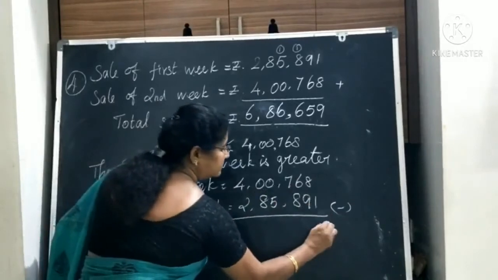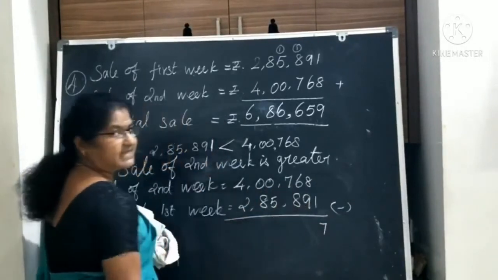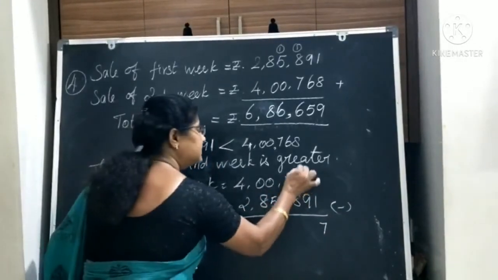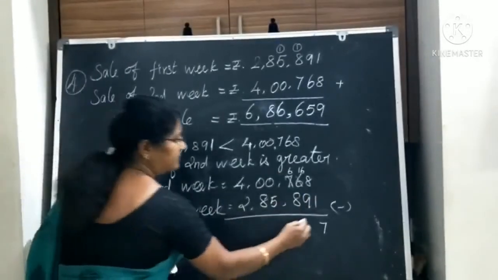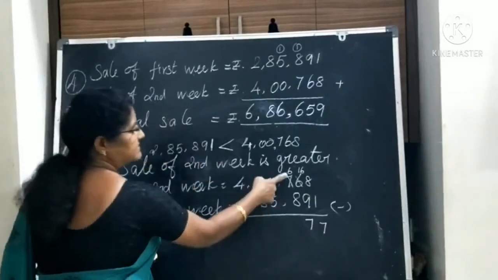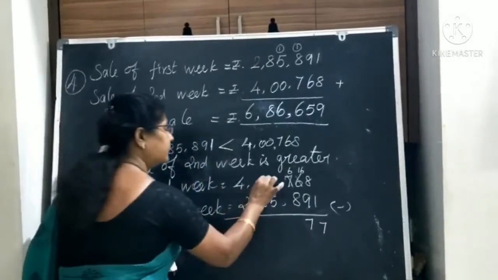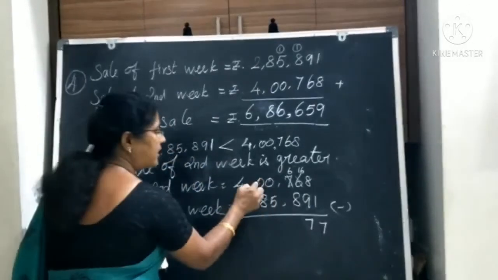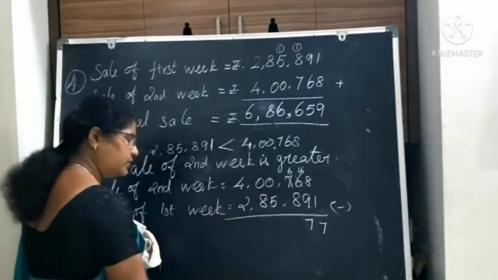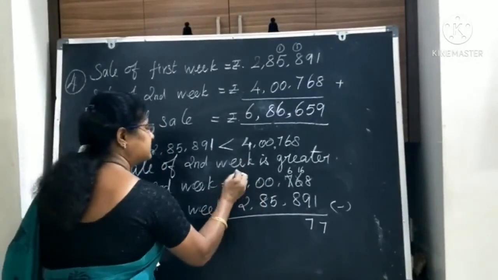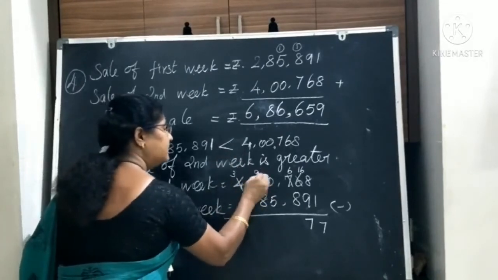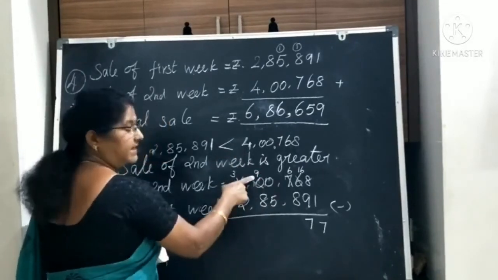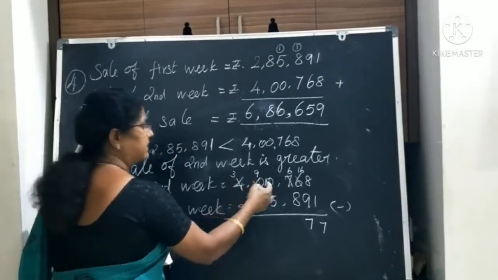8 minus 1, 7. 6 minus 9, we can't. So borrow. This is 16. This becomes 6. 16 minus 9, 7. 6 minus 8, we can't. Borrow. Here there is no number. So borrow from the neighbor. It is also no number. Go to this digit. So it becomes 3. It becomes 10. And 10 becomes 9. The next digit becomes 10.